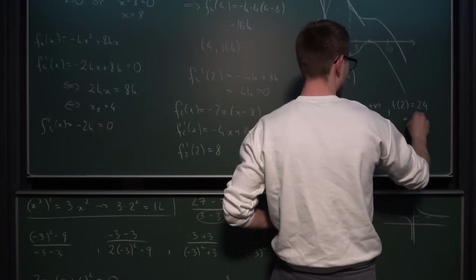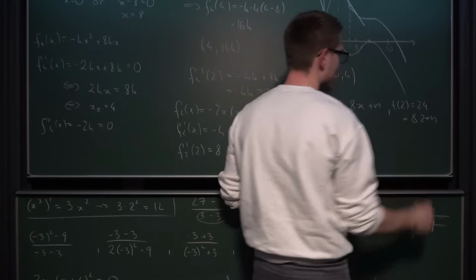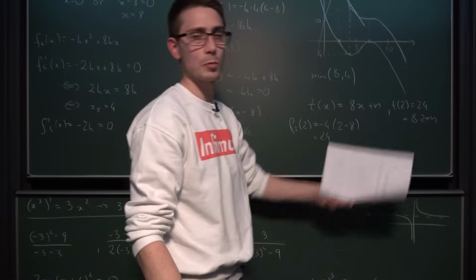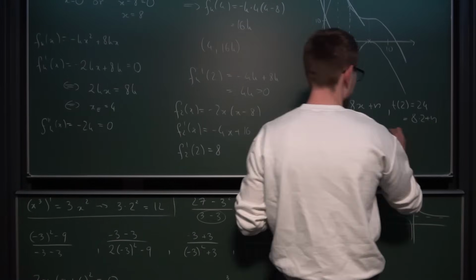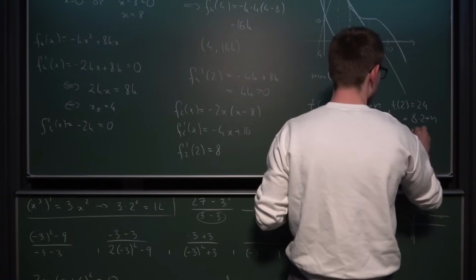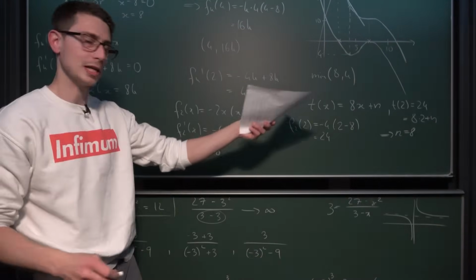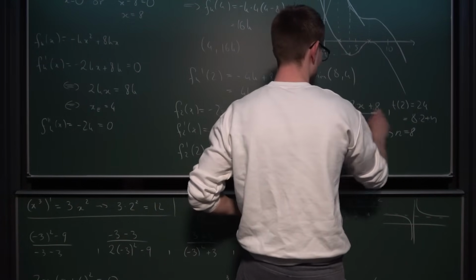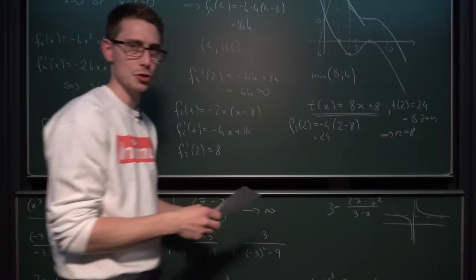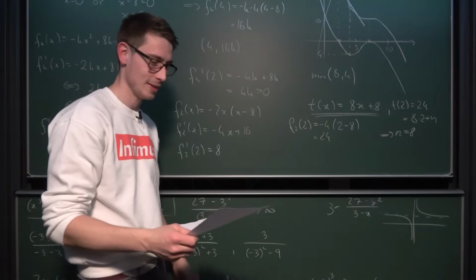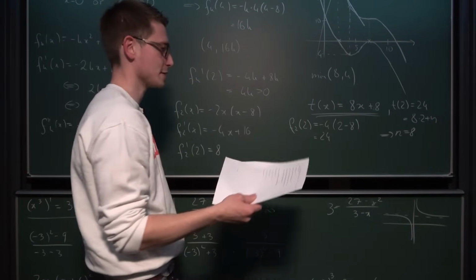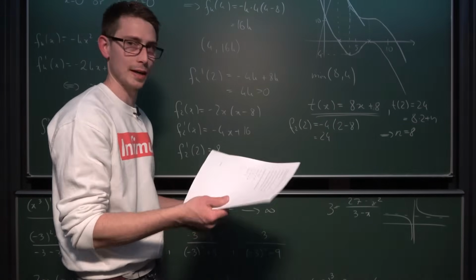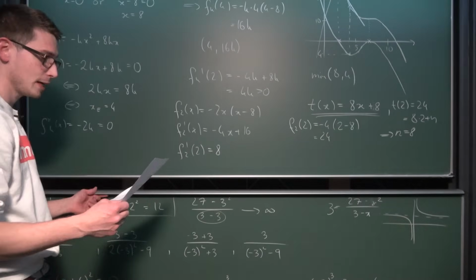It's going to be equal to 8 times 2 plus n. 8 times 2 is 16. Subtracting 16 from 24 is going to give us 8. So n is equal to 8, meaning overall the equation for our tangent is going to be 8x, not x. I'm being German here. X! With a slight German aggressiveness packed onto it. 8x plus 8. And that's about it.